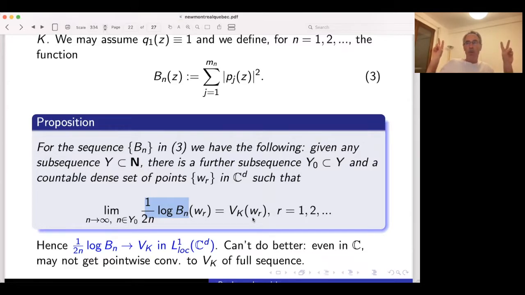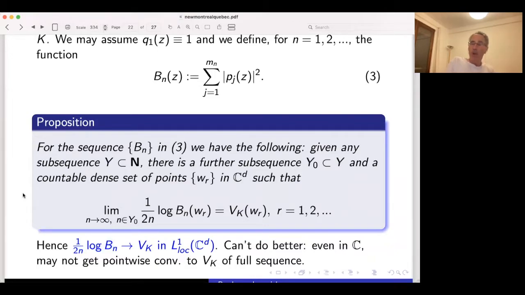Remember, this is going to be related later on to a convergence in probability result. It gives you almost immediately that this sequence of plurisubharmonic functions 1/2n log b_n in this setting do converge to our extremal function v sub K in L1 log. You basically can't do any better. You can't even get pointwise convergence, and you can't get the full sequence to converge. So this is about as good as you can expect.